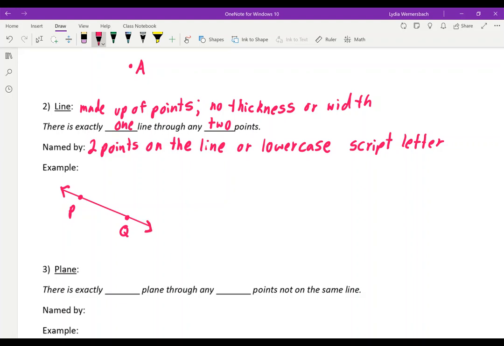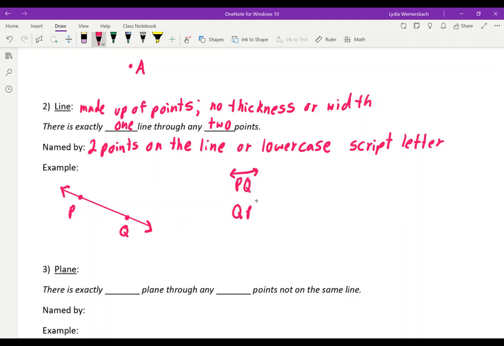So the way that we name this is, again, we can name it with the 2 points. We would do that by putting the 2 points next to each other, PQ, and then drawing a line with 2 arrows on the end points going in either direction. So this would be one way that we can name it. Now the order of these points doesn't matter. So we could also call it line QP.